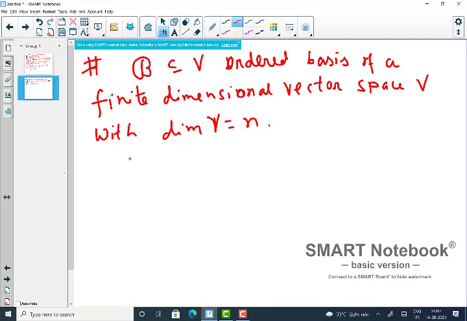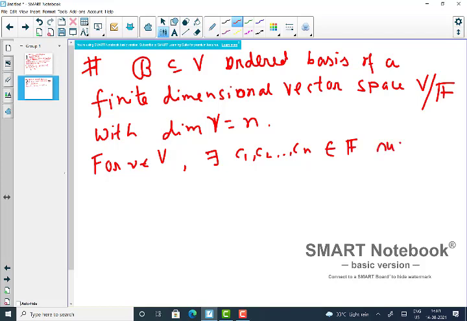That means for any element v belonging to V, there exist some constants, say c1, c2, up to cn, elements of the field F, such that you can write this small v as a linear combination of the basis vectors.